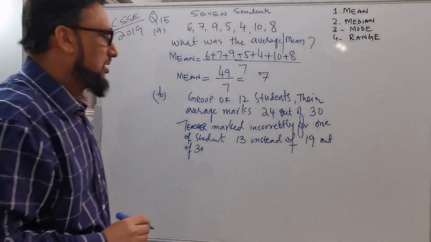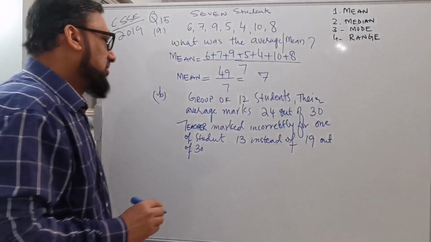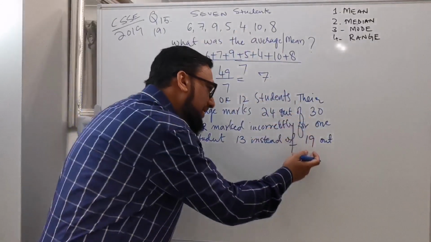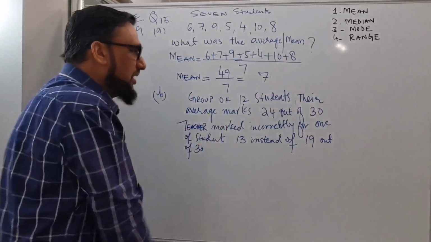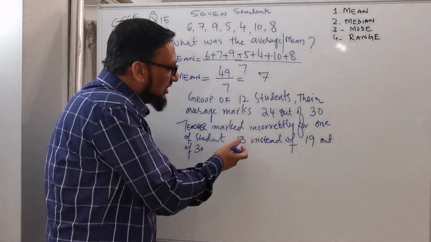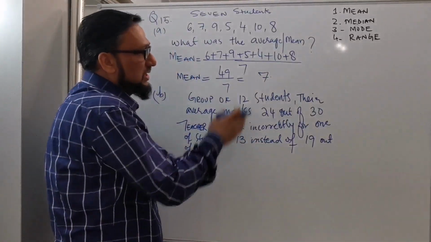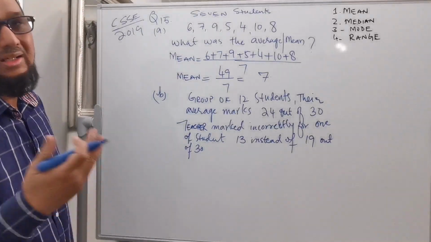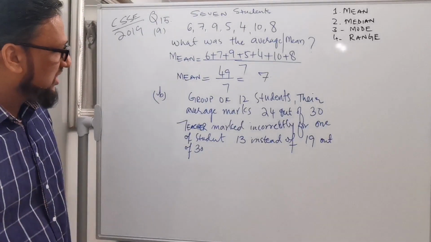So the total marks is 30. One of the students secured 19 marks out of 30, but the teacher included 13 in the total marks when calculating the average.